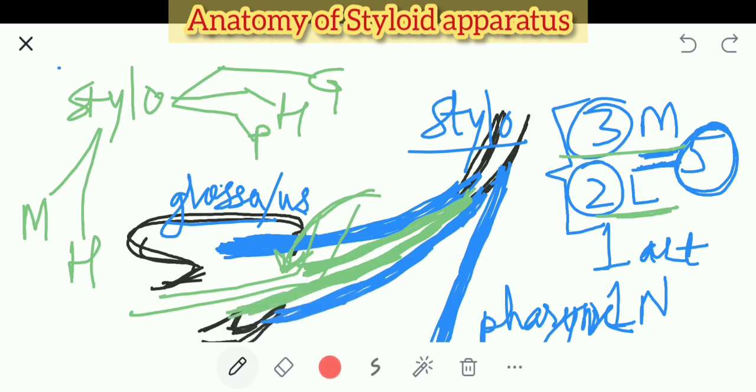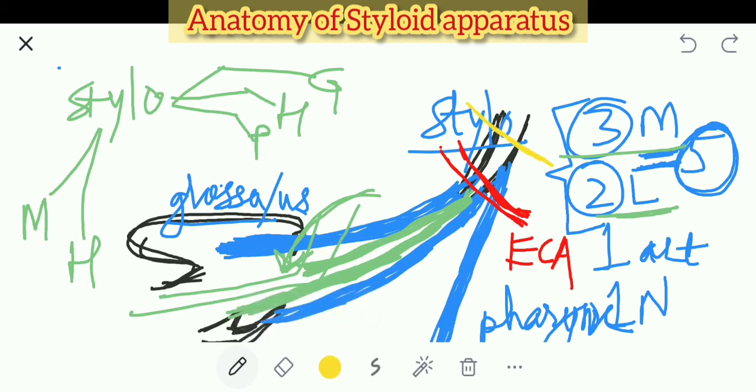Now it goes actually this way. This is just a diagrammatic representation. From the inside, this is actually what I should have shown. Because this is the lateral view, this is just a diagrammatic representation. We have a wonderful diagram for explaining it to you. So, this is the external carotid artery. And the facial vein.